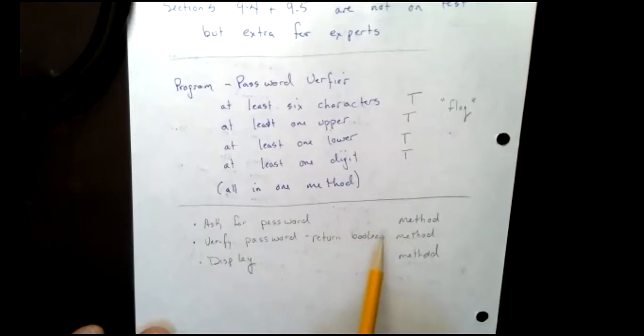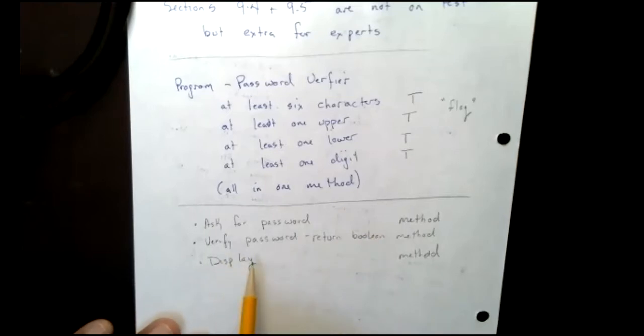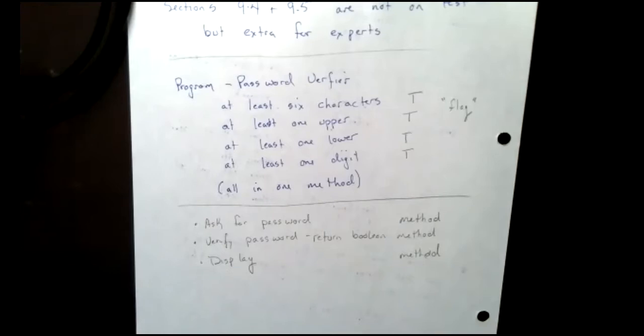It's going to return a Boolean. Then you're going to pass that Boolean into a display method that says, if it's true, display your password is valid. If it's not, display your password is invalid. Kind of simple, but I want you to keep practicing methods.